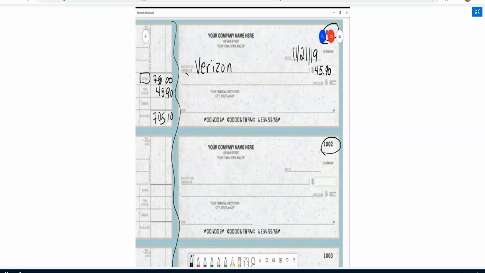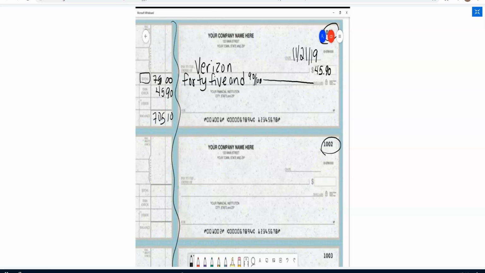So we write 45 and now we write the cents. So out of 100, 90 out of 100. And then you draw a line. Okay. This way, again, nobody can alter it.